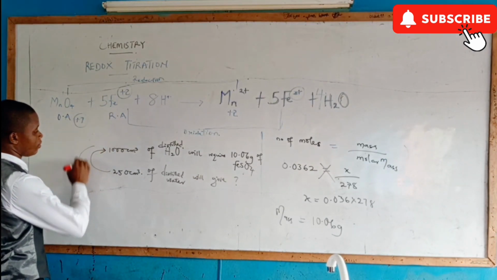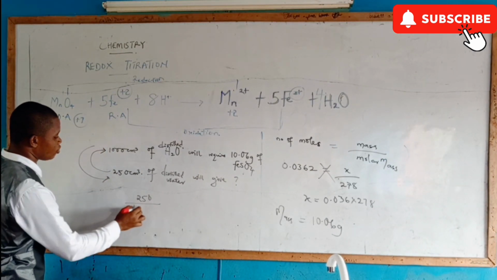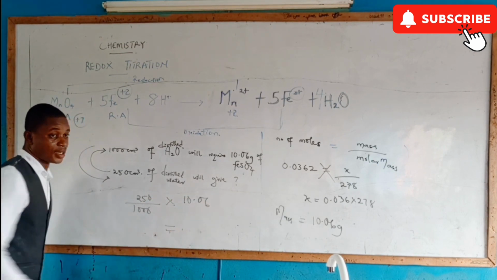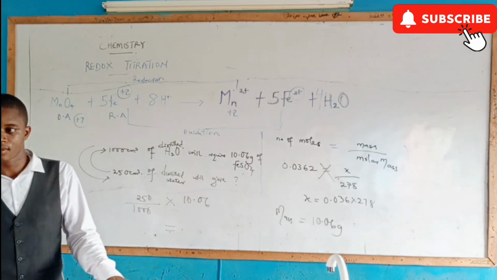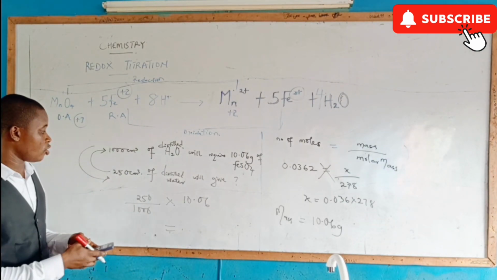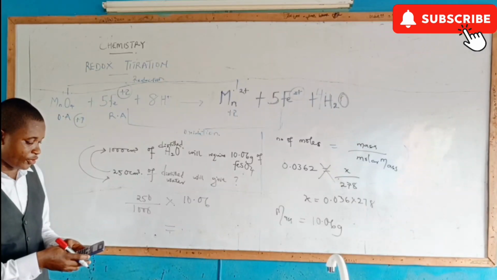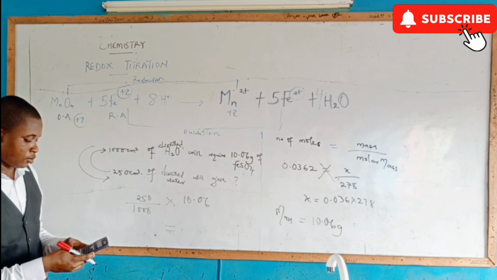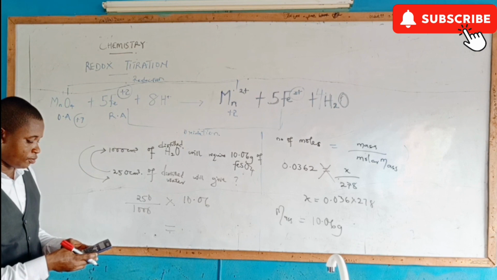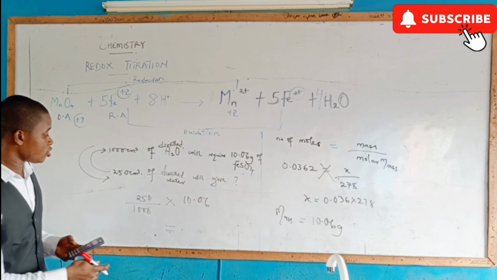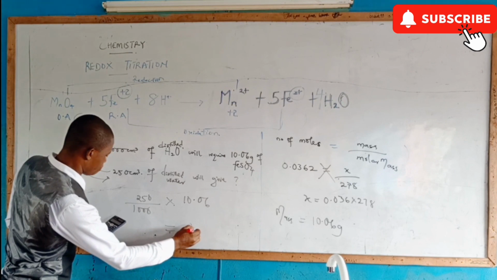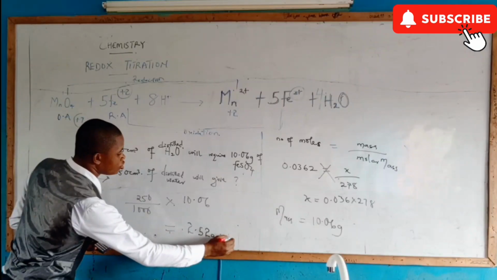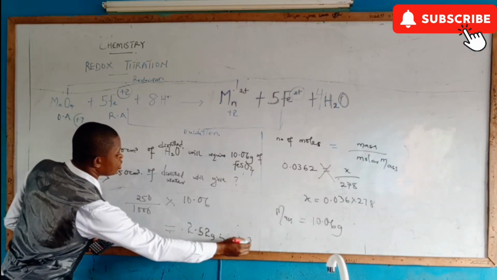So by doing that, you have 250 divided by 1000 times 10.06. With this, I can prepare a smaller solution that the students would end up using. So this is 250 divided by 1000 times 10.06, and that gives me a value of 2.52 grams in 250 centimeter cube.